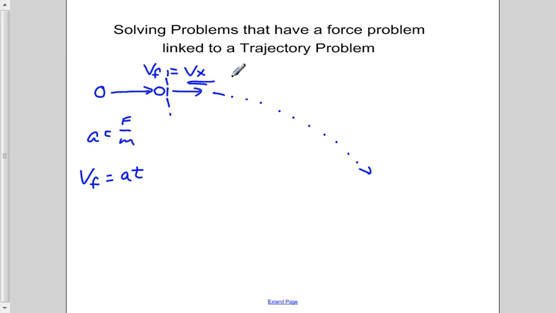You can imagine, of course, that if you threw a ball straight up, the final speed as it left your hand would become VIY, because of the direction you threw it.